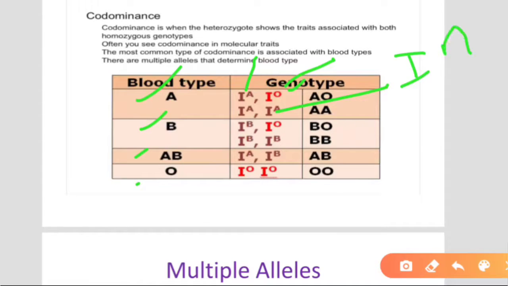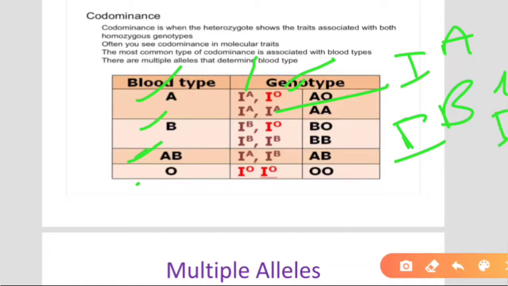Then it is called blood group A. If blood group B, then both parents contribute IB, or one parent IB and another parent I0, or in other words small i.